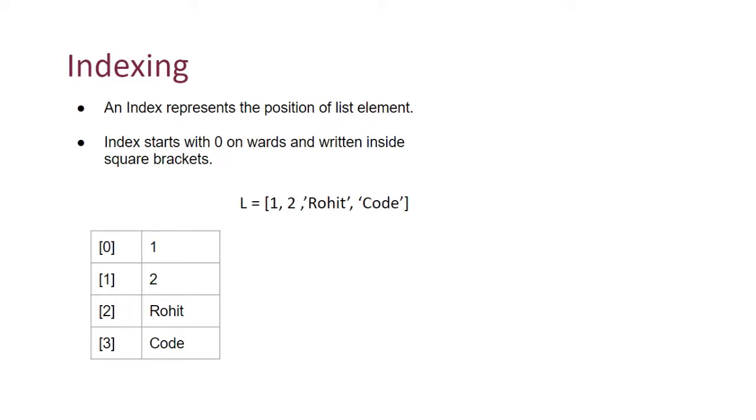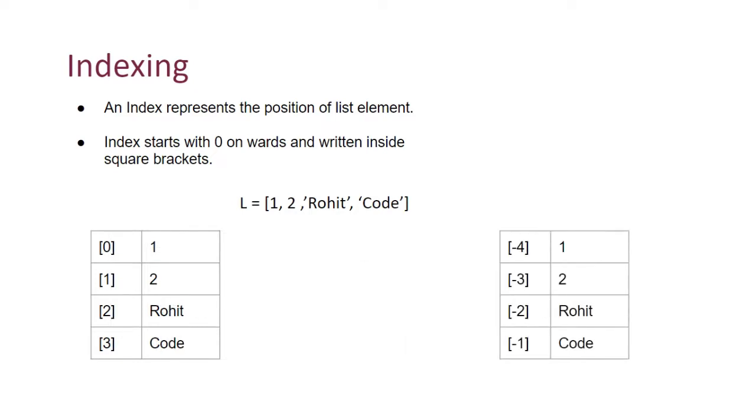In string we also discussed negative indexing, so in list also we have negative indexing. As you can see here, -1 is the last element of that list, and then it decreases till the first element of the list.